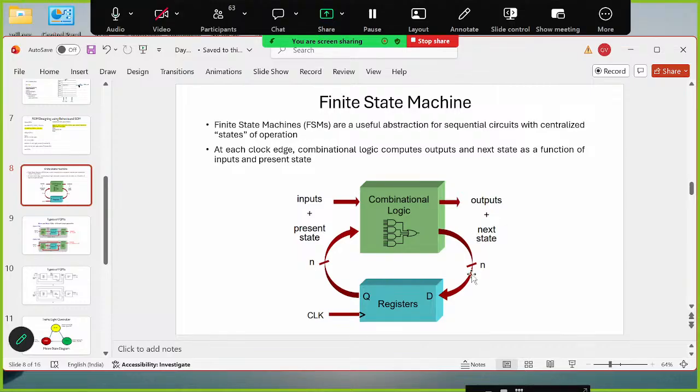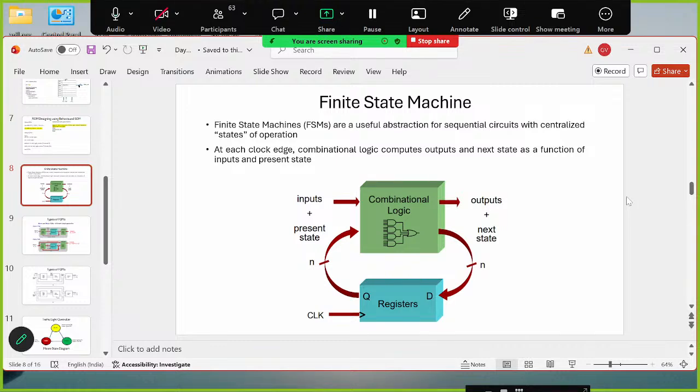That next state would be stored somewhere inside the flip-flop, and it will become the present state for the next set of inputs, so as to generate the next set of outputs and next state. So this cycle keeps on repeating.